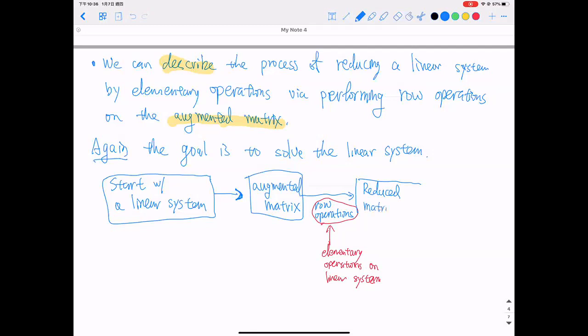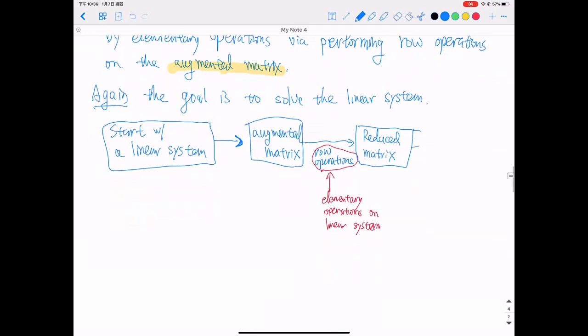Let's call this matrix a reduced matrix. And then you convert it back to a reduced system of linear equations. And then you read off solutions.